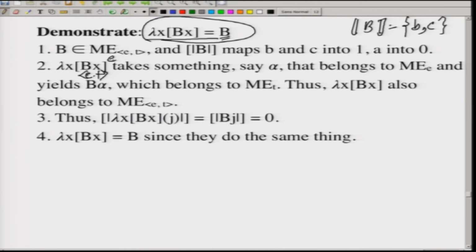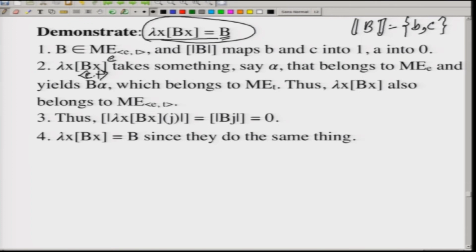Thus, lambda x b x also belongs to M e to t. We are considering the main features of B and lambda x b x, and we try to show that they are the same thing. They are identical, but there are functional differences. We will talk about those.